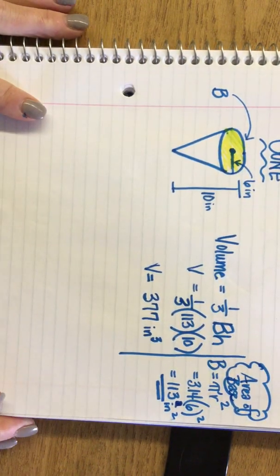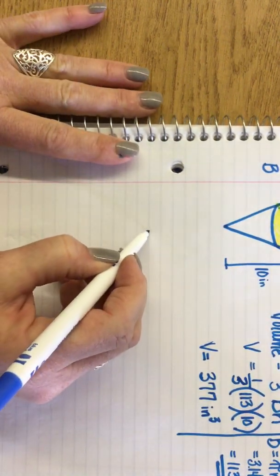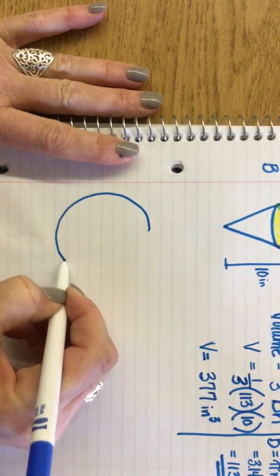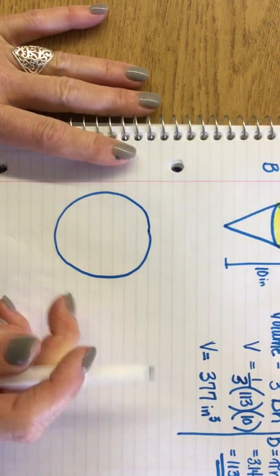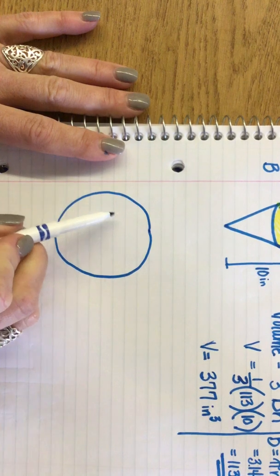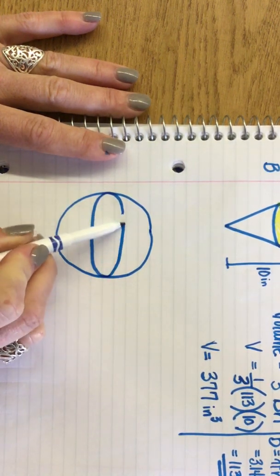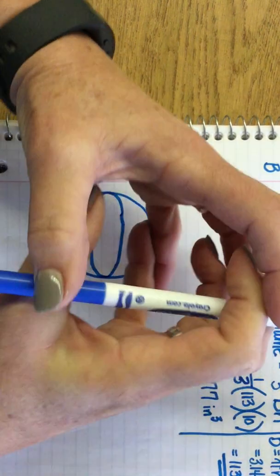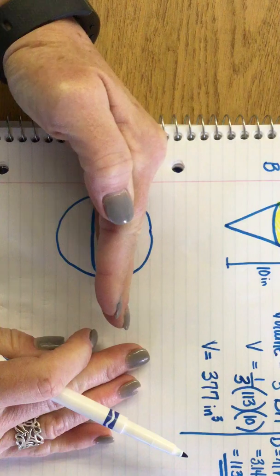All right, the next one is actually a sphere, and all the boys in the class can probably think of many different spheres. It's a round object, a globe, a basketball, a soccer ball. You get the idea. Imagine that ball, and then something cuts that ball straight in half.